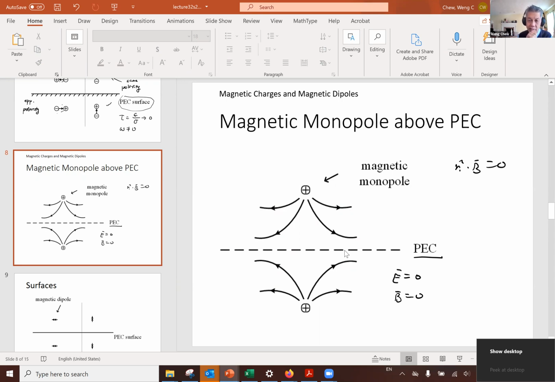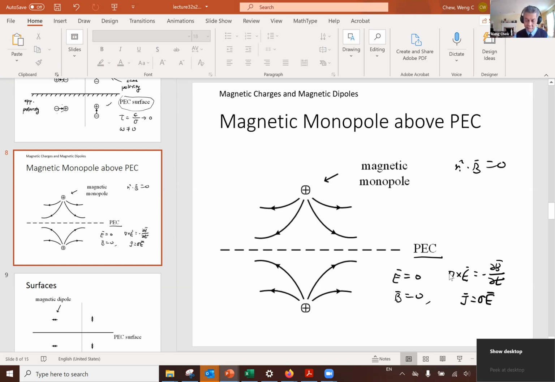Okay, it is not stable for B not to be 0, because if B is not 0, then by Faraday's law, if the B field is going to be changed just a little bit due to vibration or some agitation by thermal noise in the environment, if there's only going to be a little bit of change in B, it will produce an electric field.